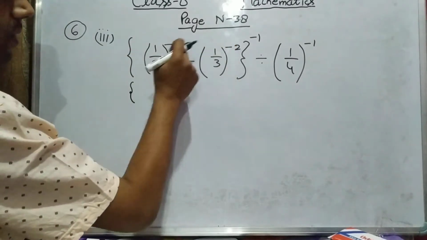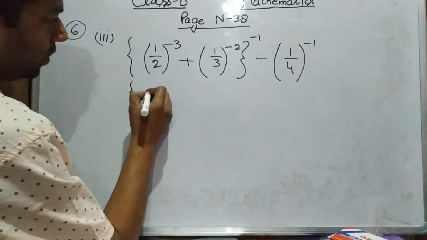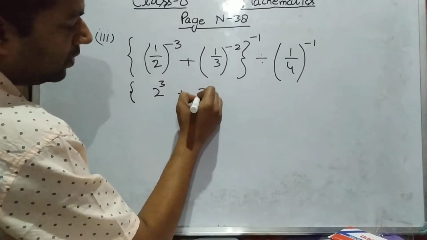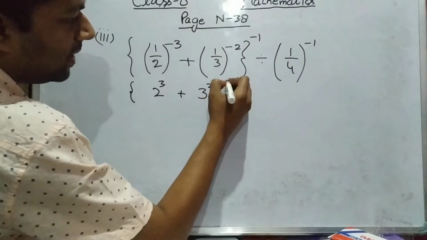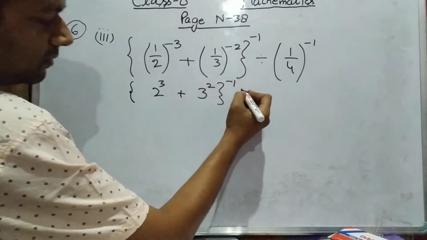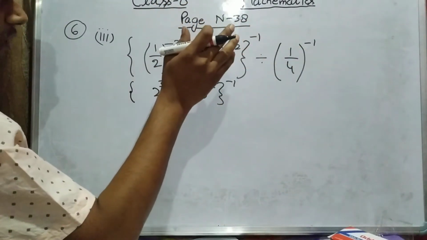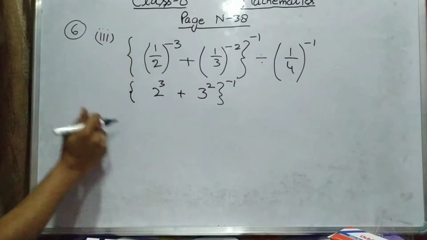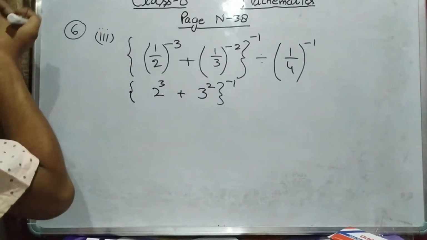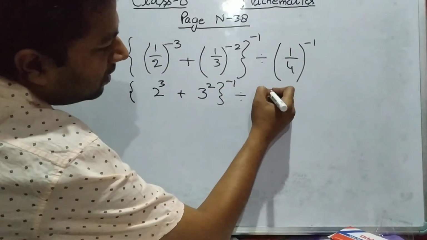Pay attention to the powers, all powers are negative, so convert: 2 to the power 3 plus 3 to the power 2, curly bracket minus 1. Right now we will write here minus 1. Do it step by step, one by one. Don't panic or leave out one or two steps. Sufficient time is there. Divide sign, 4 to the power 1.